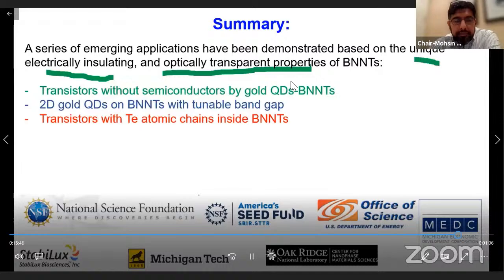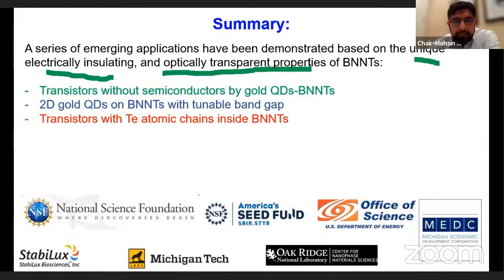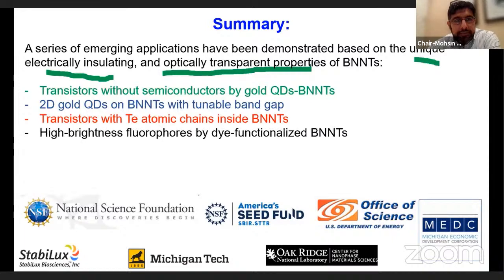We have also used boron nitride nanotubes as a host material to encapsulate beryllium atomic chains, and we found that the electrically insulating boron nitride nanotubes enable the construction of a transistor and allow current to flow through the atomic chains without interfering.